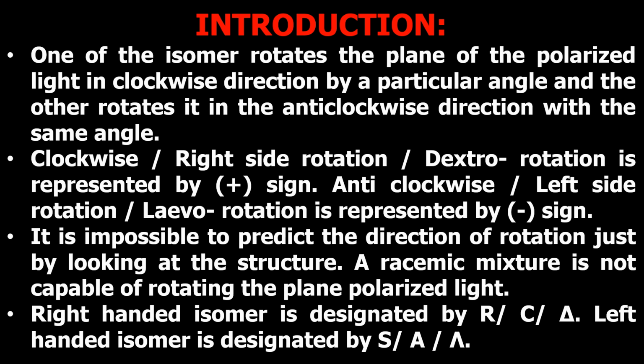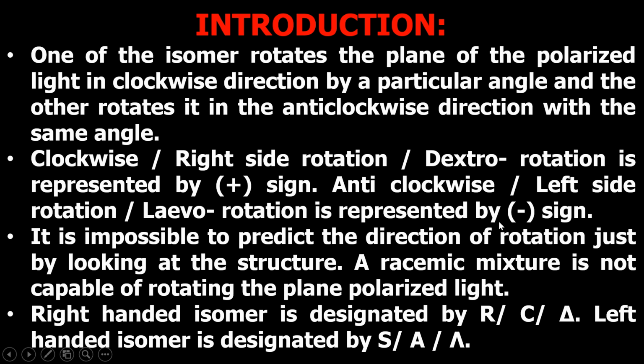So whenever you find a plus symbol preceding the formula of a compound, you have to understand that you are talking about a dextro-rotatory compound. If the isomer rotates the plane of the polarized light in anti-clockwise direction or on left side, which is also known as levo rotation, then that compound will be preceded by a sign minus.